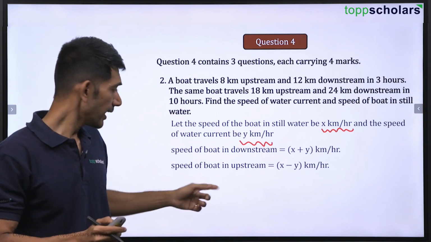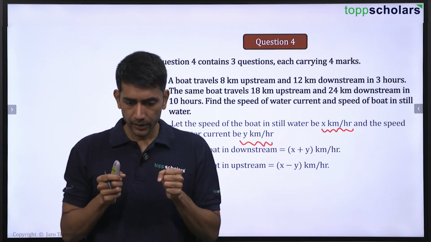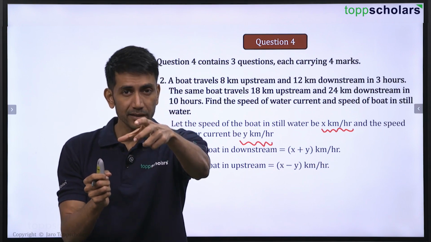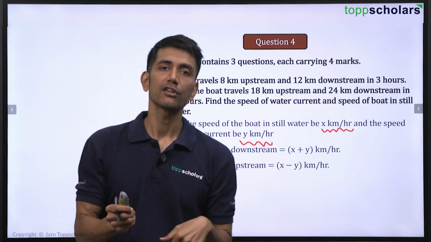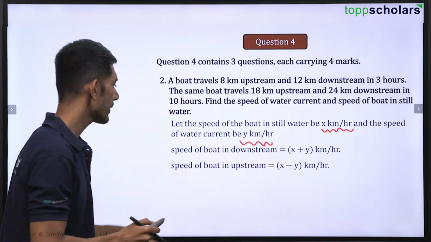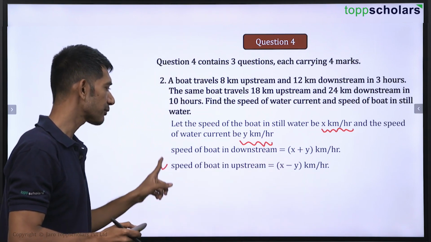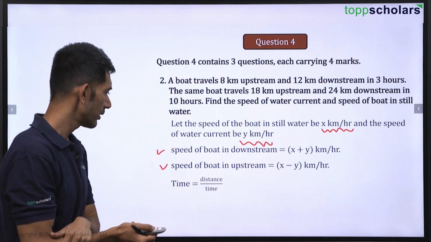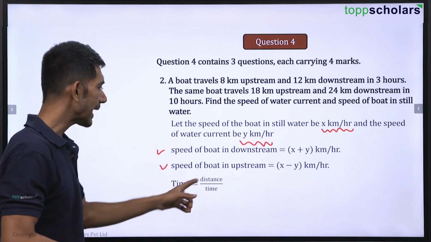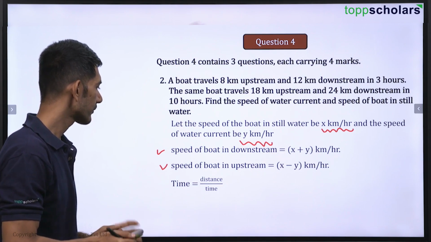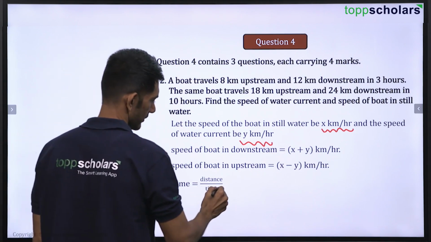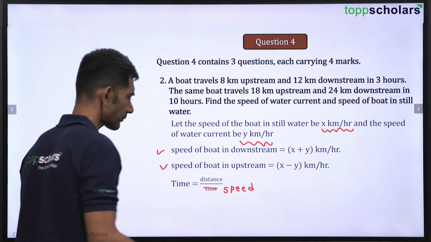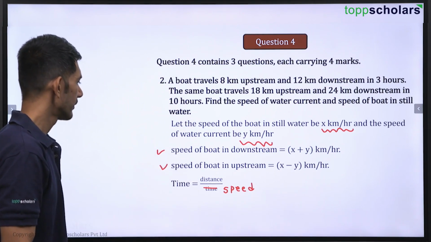And in upstream what will happen? We are going like this, water is coming like this. So the water's speed will be subtracted from our speed. So that will be x minus y. So speed of the boat upstream is x minus y, speed of the boat downstream is x plus y. What is time given by? Time is distance by speed, correct?